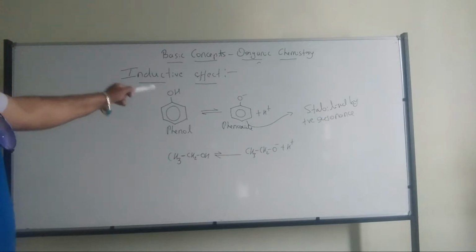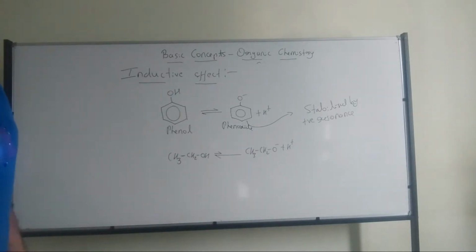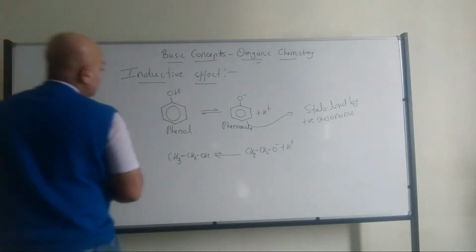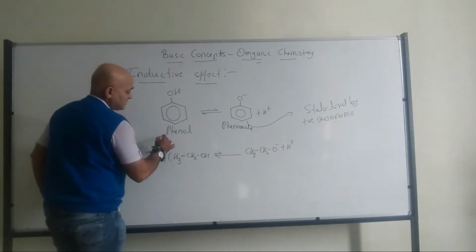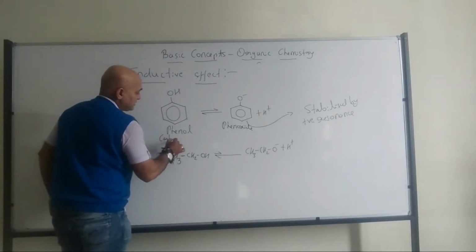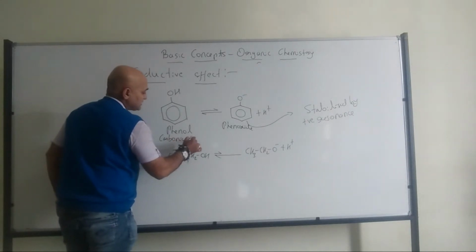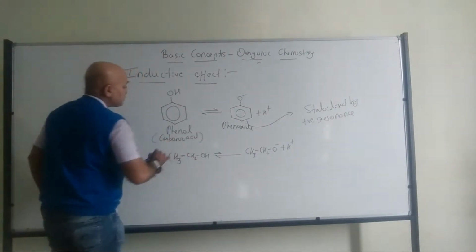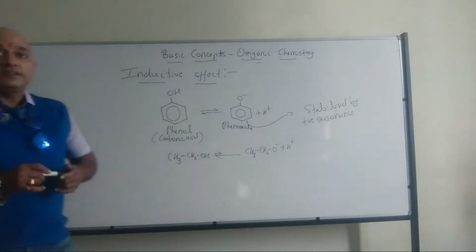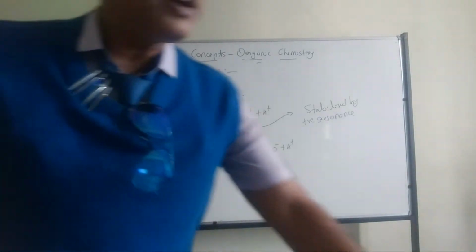So phenol will be a strong acid compared to other alcohols. Therefore, it is called carbolic acid. Which one? Phenol.